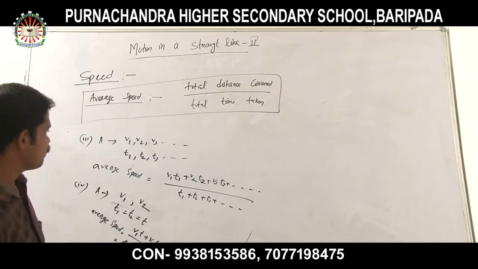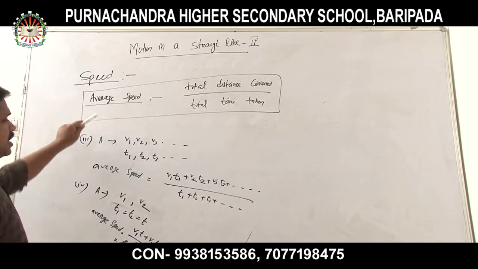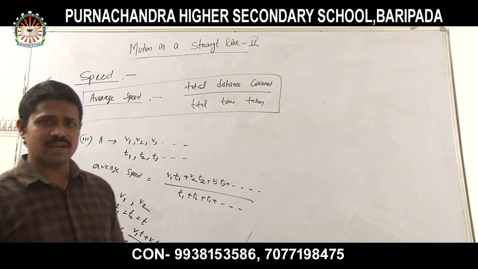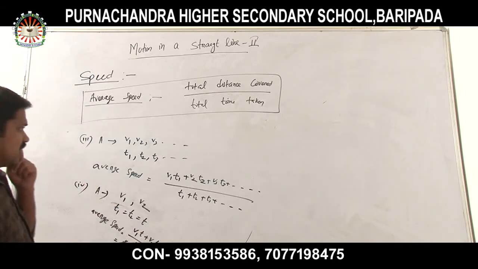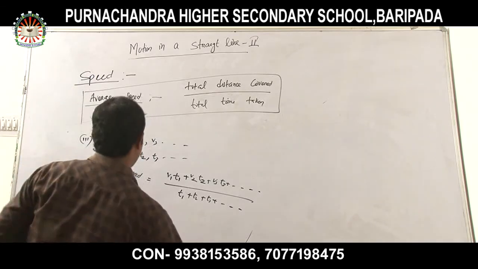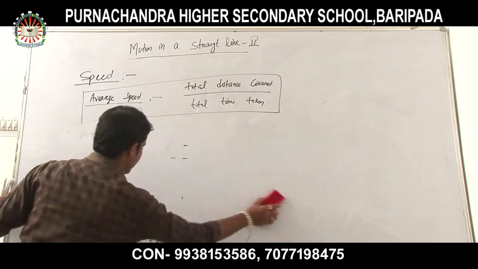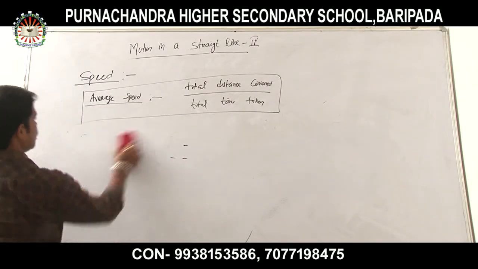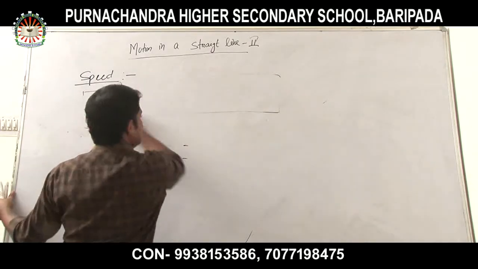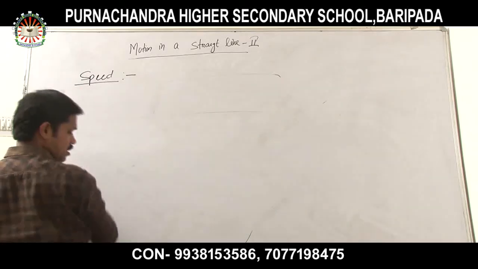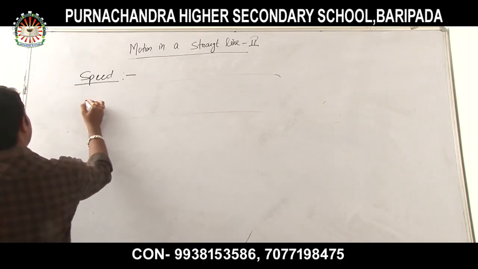Remember very carefully, these are used to calculate the average speed of an object or a body. Next, let us discuss the last one, that is instantaneous speed.